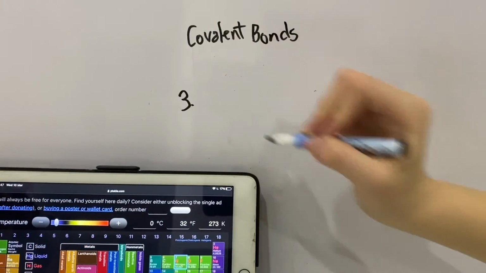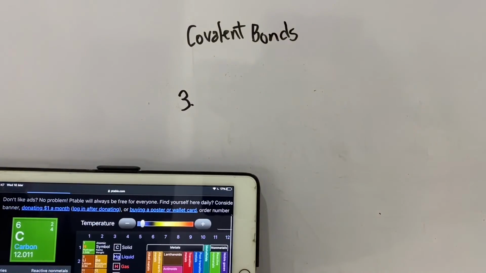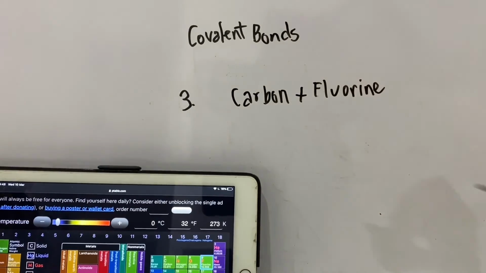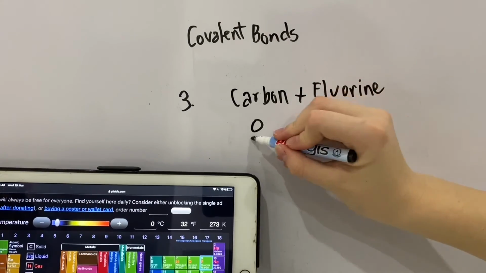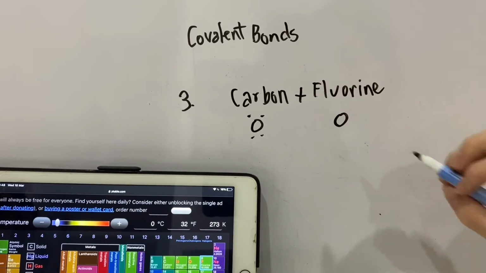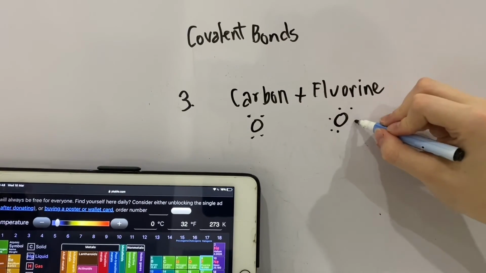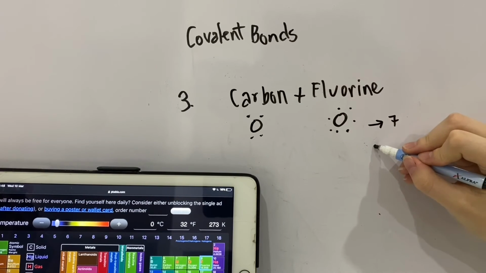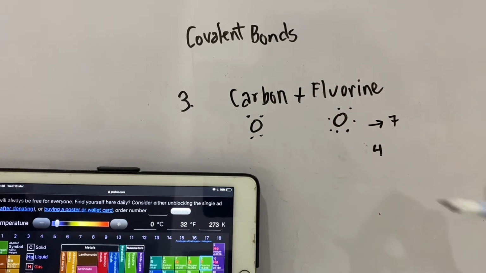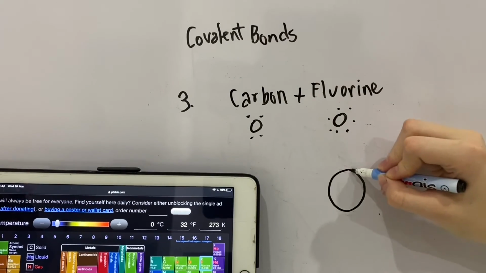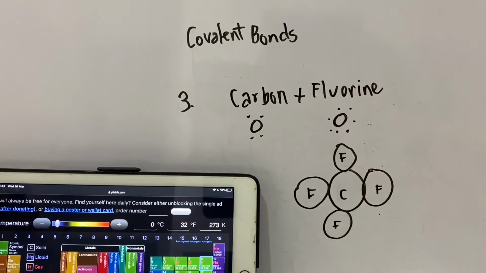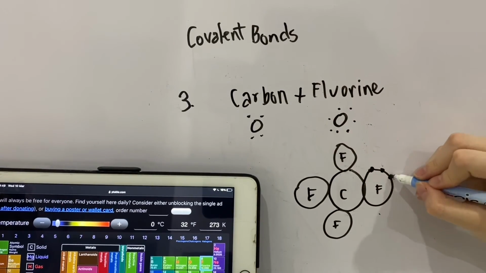And last but not least, for our covalent bond examples, we have the elements carbon and fluorine. Carbon is located in group number 4, which means 4 outer electrons, and fluorine is in group 7, which means 7 outer electrons. But then fluorine only needs 1 from carbon, so that means we need another 3 fluorines to make up for the 4 electrons of carbon.